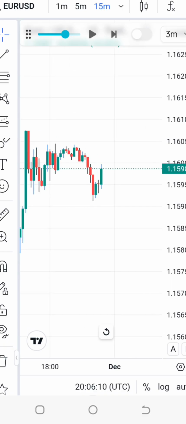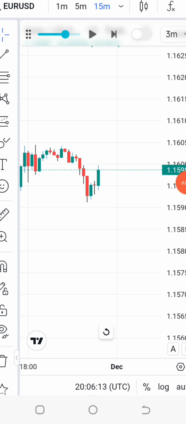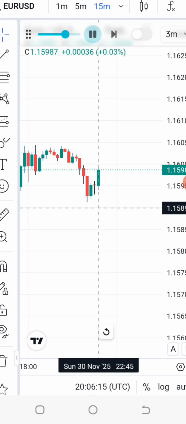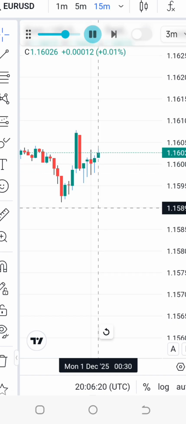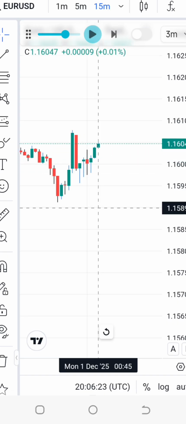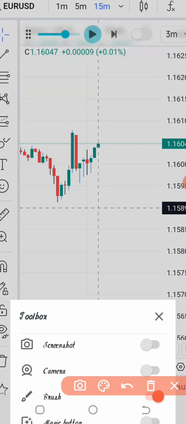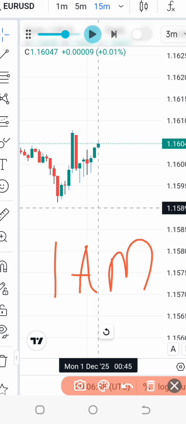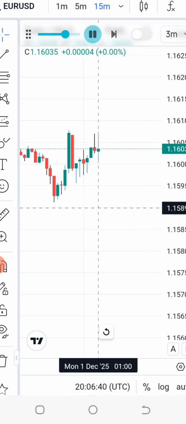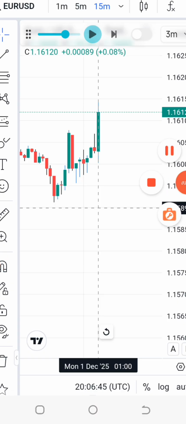So first of all, what we are going to look out for is the Asian session. So I'm going to play price forward, and let's wait till we see the Asian session. Usually the Asian session starts by 1 a.m. So this is the opening of the Asian session.